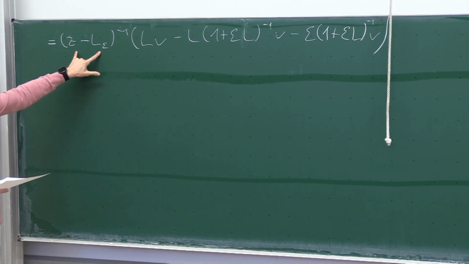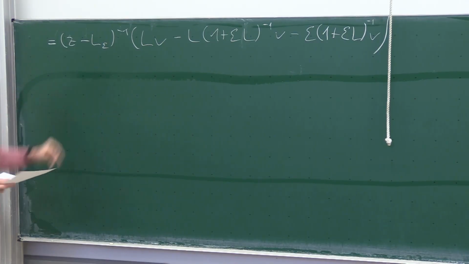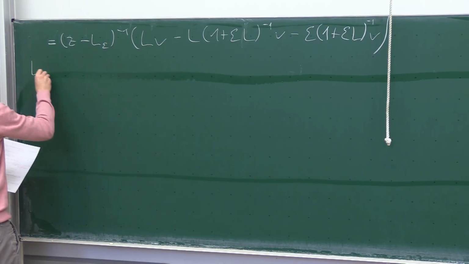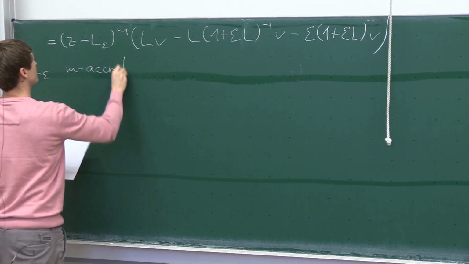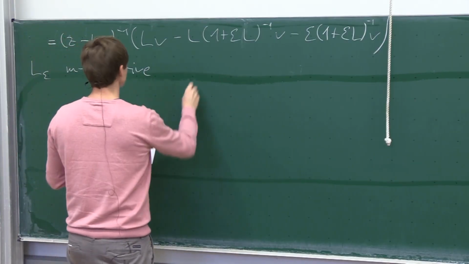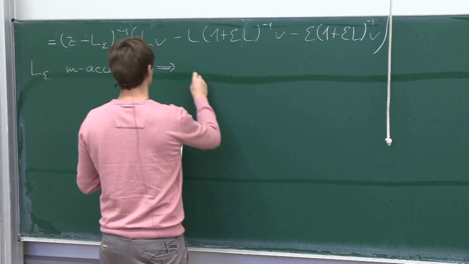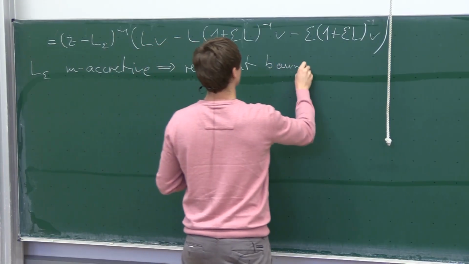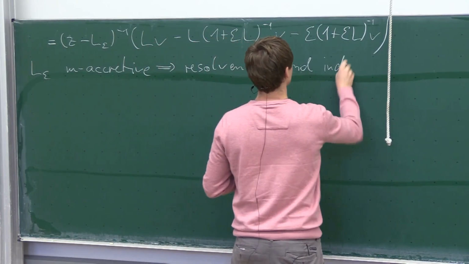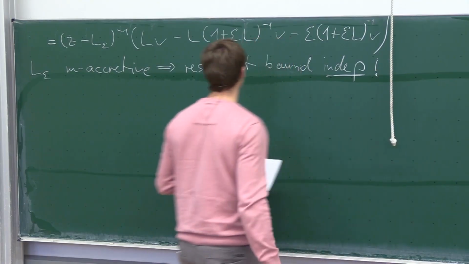So we have here a resolvent bound which is given with constant 1. Okay, and if the constant is 1, it doesn't depend on epsilon. So it's uniform with respect to epsilon, and then we can conclude. So this is really a crucial point, that L epsilon is m-accretive. And this implies a resolvent bound independent of epsilon.